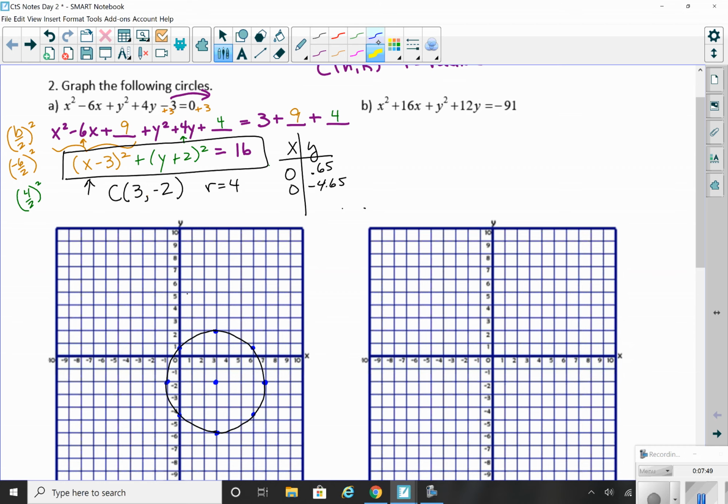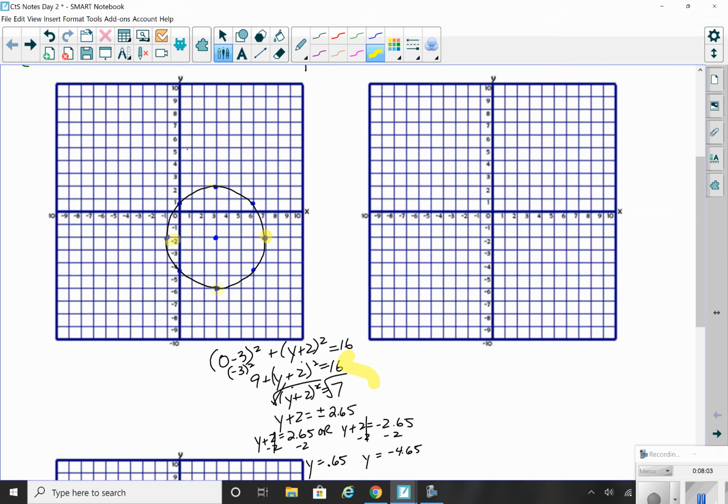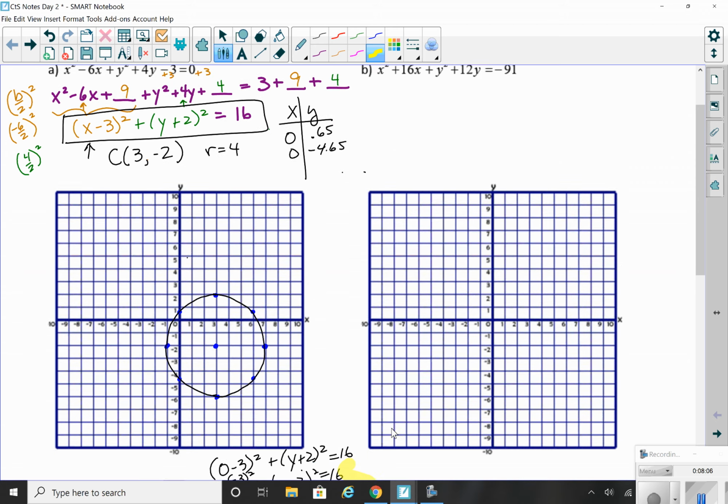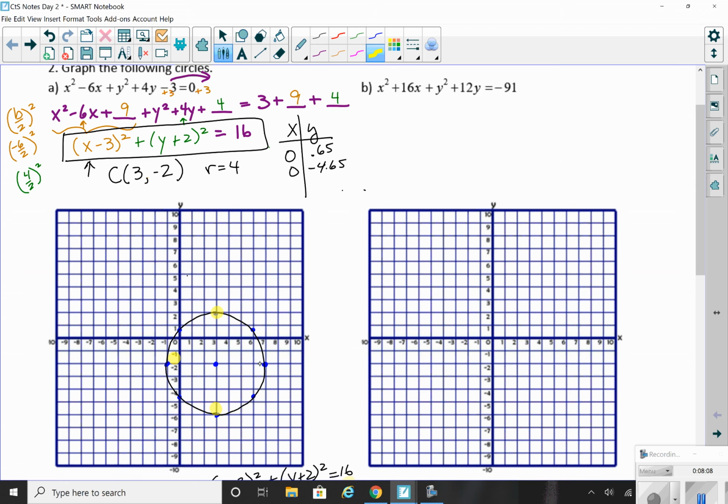One, can you take an equation of a circle that's not in standard form and put it in standard form? Then can you graph the circle? Find the center and the radius to get your initial 4 points, and then use some more algebra to solve for some other points. We need 8 points total to graph the circle.